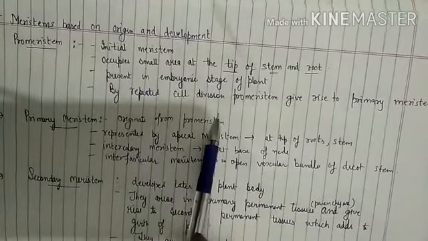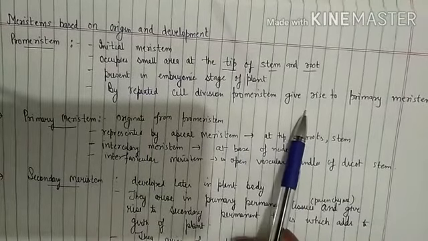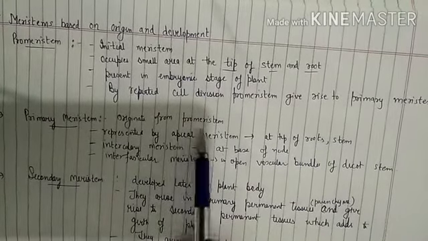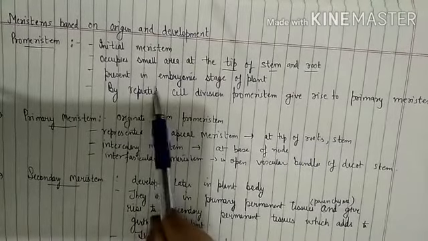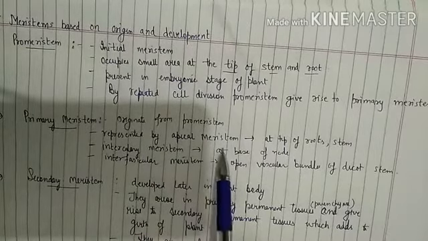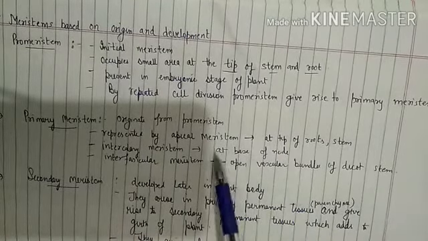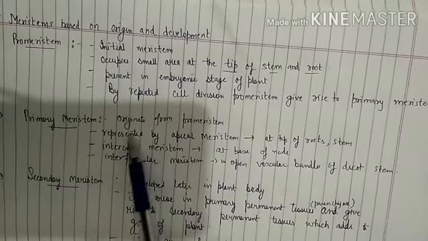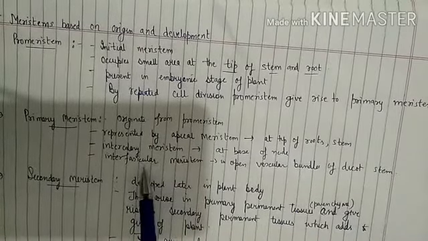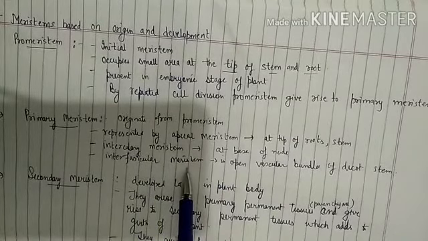Then by repeated cell division, the promeristem gives rise to primary meristem. This primary meristem, as you know, originates from promeristem, and according to the position where it is present, it is represented by apical meristem, intercalary meristem and interfascicular meristem.